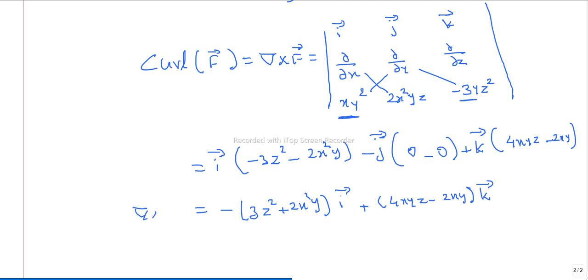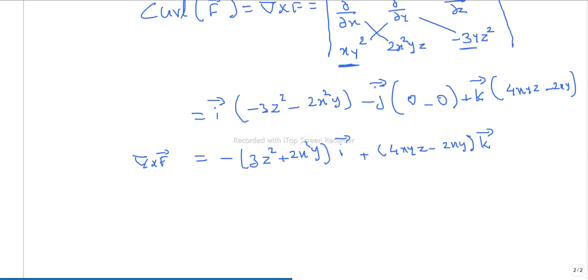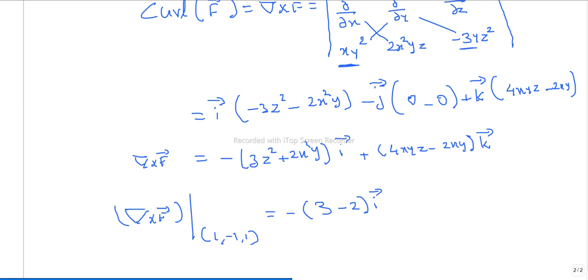Now at the point (1, -1, 1), we get minus of 3 and minus 2 times i vector, plus minus 4 plus 2 times k vector.